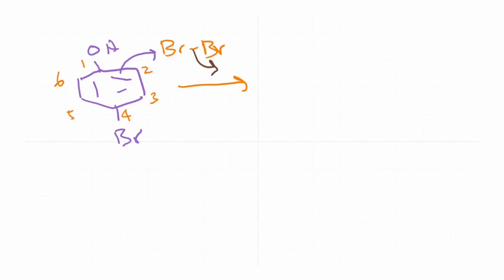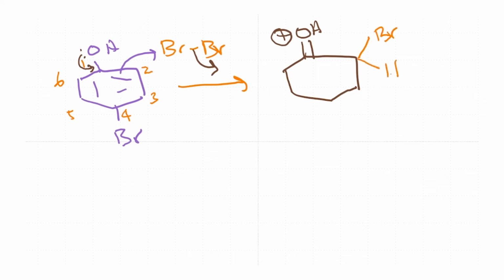So the product that is going to be formed, you keep the same benzene ring, and notice that you have the OH being involved by resonance, and there's a new bond between this carbon and bromine, and I'm just writing out the carbon hydrogen bond. It was already there, and so the bond between 1 and 2 is broken. There's already a Br on carbon 4, and the bond between 3 and 4 remains intact, the bond between 5 and 6 remains intact.